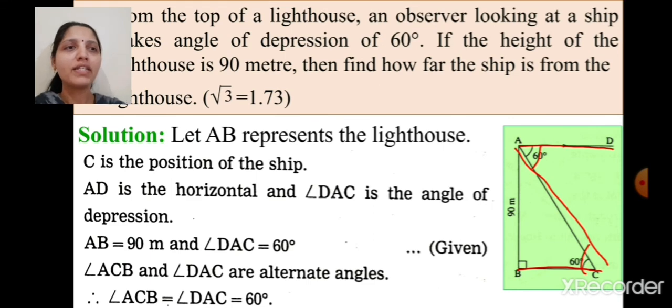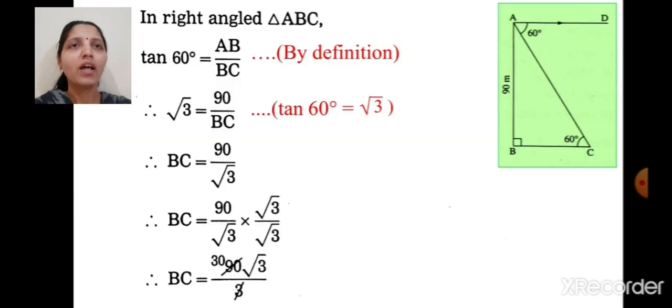So we can say here angle ACB is equal to 60 degrees. Now in this right angle triangle ABC, tan 60 degrees is equal to AB upon BC, because tan 60 degrees means opposite side upon adjacent side of angle ACB. Now the tan 60 degree value is root 3.